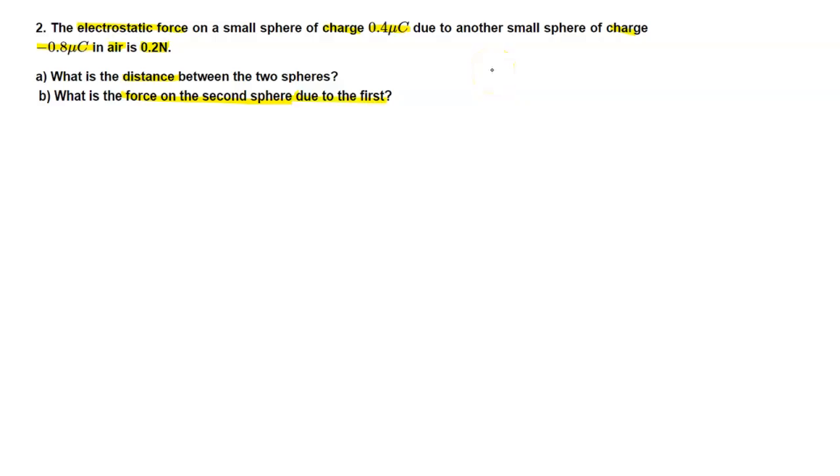Now let's understand this more with the help of a figure. Suppose this is the small charge Q1, given as 0.4 microcoulomb, and another charge, Q2, of value minus 0.8 microcoulomb. As one is positive and the other negative, opposite charges attract each other.